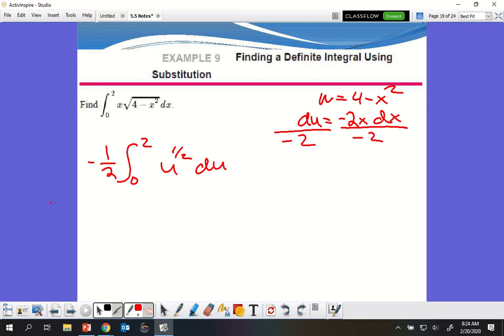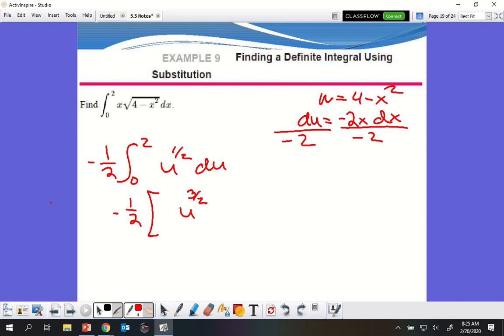Jess? Okay, good. Now, that turned into a whole lot easier of a problem, didn't it? That substitution, nice. All right, go ahead. Do my integral. Integrate it. So I'm going to have my negative 1/2. I'm going to bracket that because that's my constant. And so it's going to turn into, let's see, u to the, do your exponents first, right? 3/2.